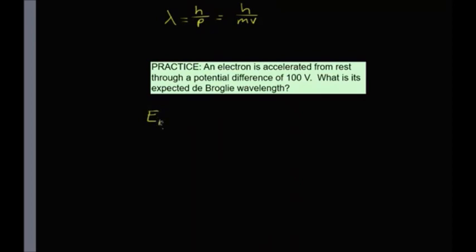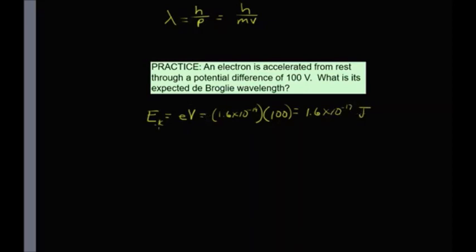Kinetic energy, we'll figure out the kinetic energy first. Kinetic energy is the charge of an electron times the voltage that it's going through. So it's 1.6 times 10 to the minus 19th coulombs times 100 volts, and that gives us 1.6 times 10 to the minus 17th joules.